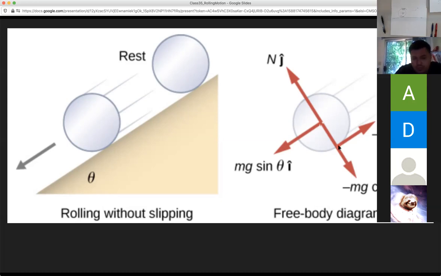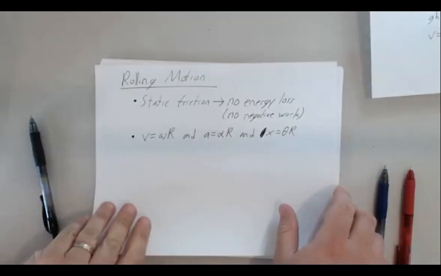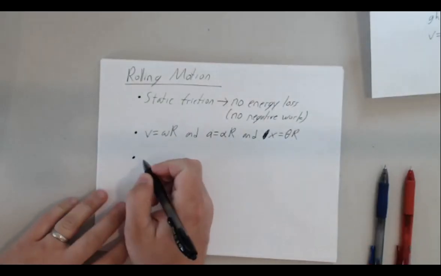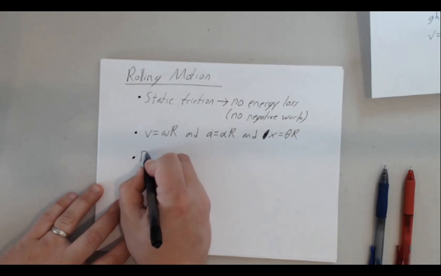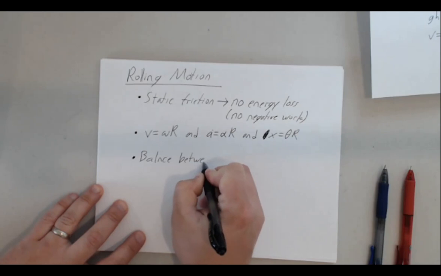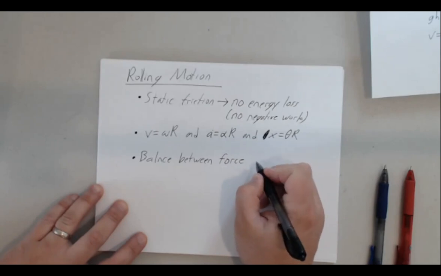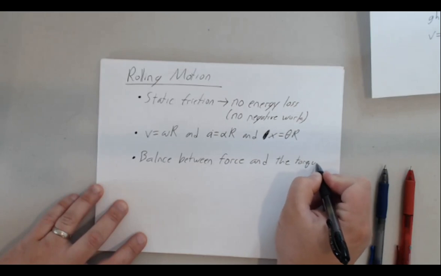Okay, so this brings us to our other point about rolling motion that we should keep track of. So let me stop sharing that and come over here. When we talk about rolling motion, you need a balance between the force and the torque.